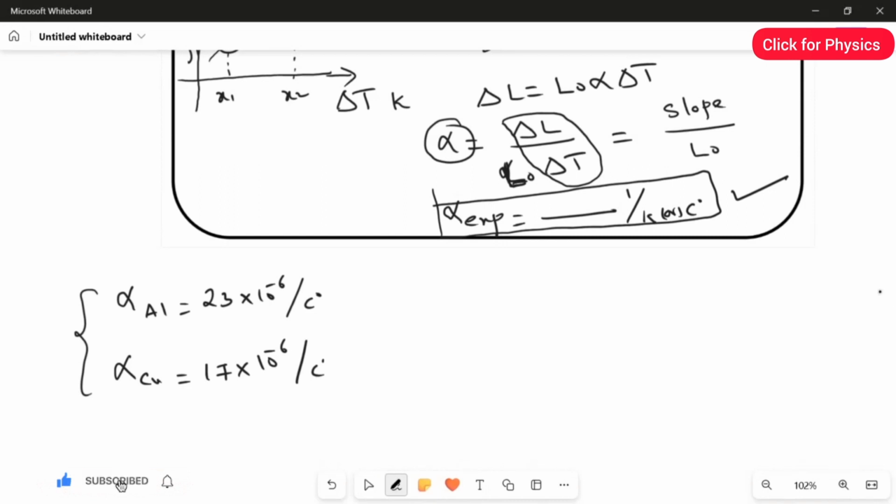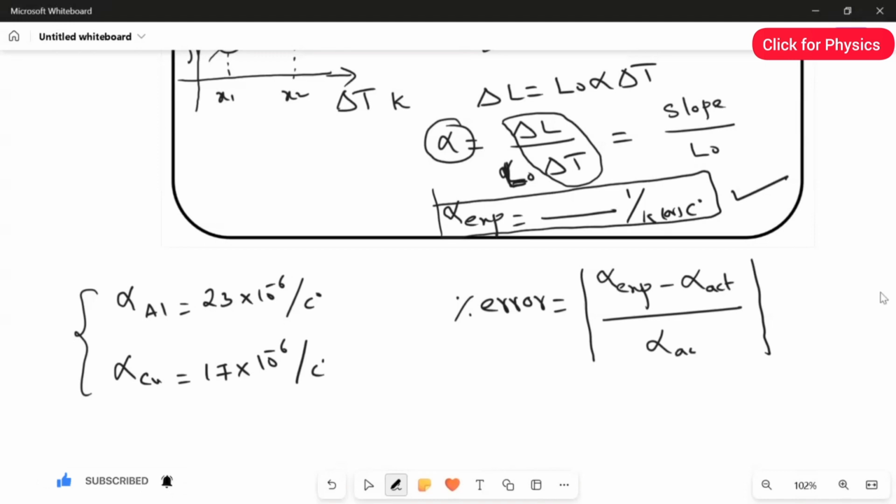Clear? So for that we have to calculate the error percentage. As we already know, the error percentage formula is the absolute value of alpha experimental minus alpha actual or standard, divided by alpha actual, multiplied by 100.